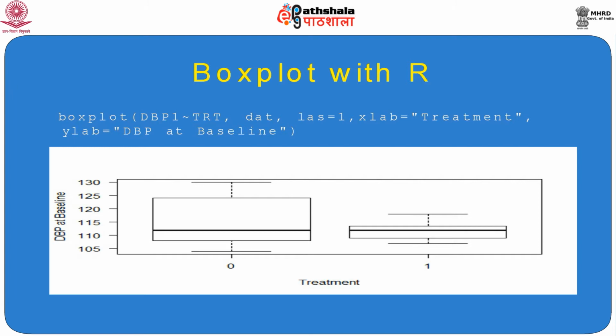If we find a difference in the box plots, then we can interpret which group has better diastolic blood pressure reduction in terms of median. We are not showing these functions here, but we can use the same function later. We only have to replace DBP1 by DBP2 and then DBP2 by DBP3, and we can get the box plot comparison.